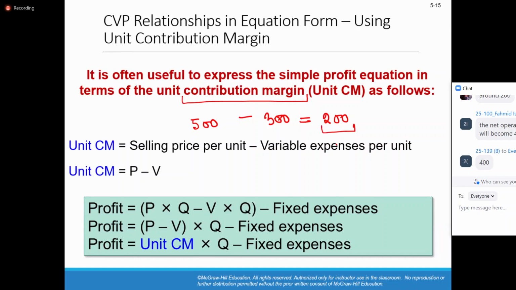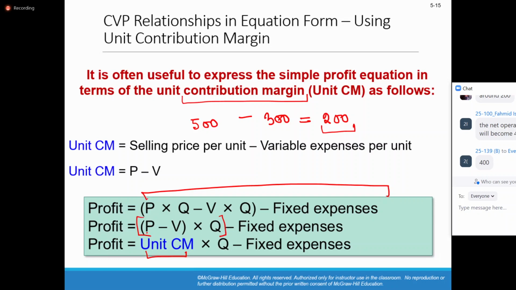So these equations are the same equations, but we have derived the unit contribution margin from the basic long equation. So what we are doing, we are taking the Q separately from the P and V, and this is the price minus variable cost multiplied by the volume, and we need to subtract fixed expenses from this together.